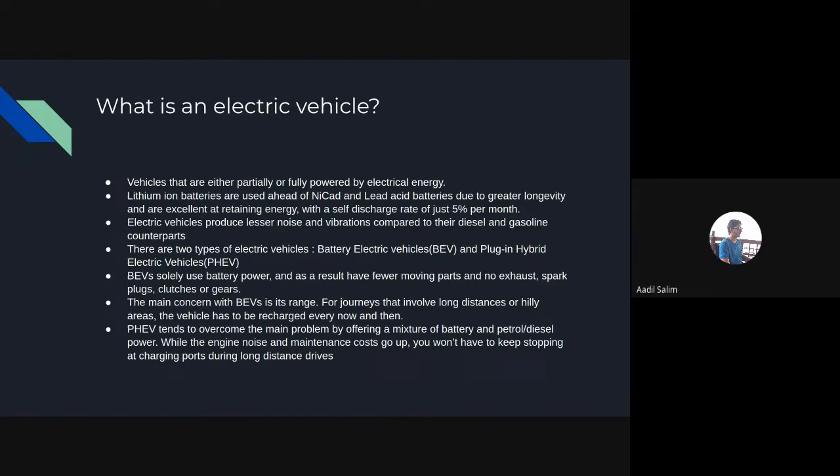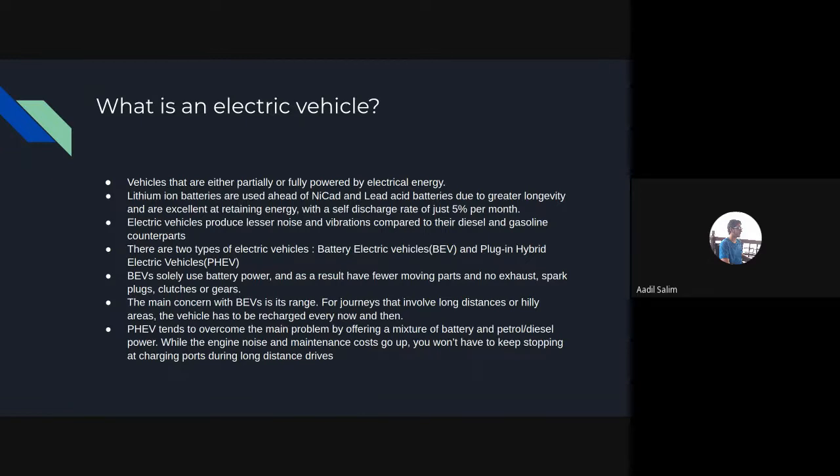So IC engines have a lot of mechanical components like clutches, gears, flywheel, and pistons, and so on that, as operation takes place, might give rise to unbalanced forces and unnecessary vibrations. This is not the case in electric vehicles where mechanical components are minimal. As a result, the vibrations are lesser.